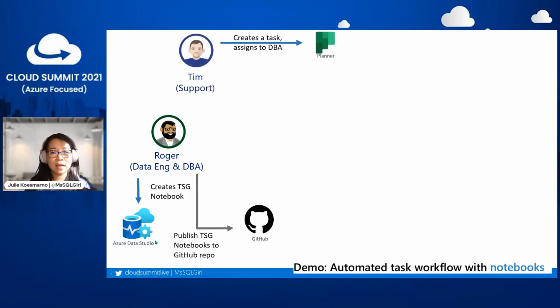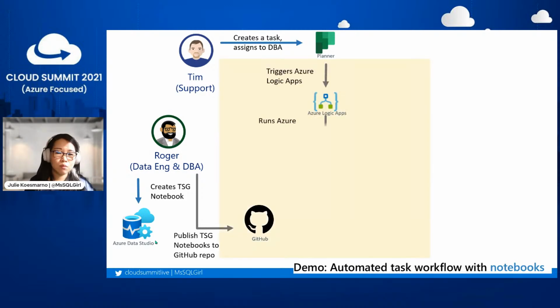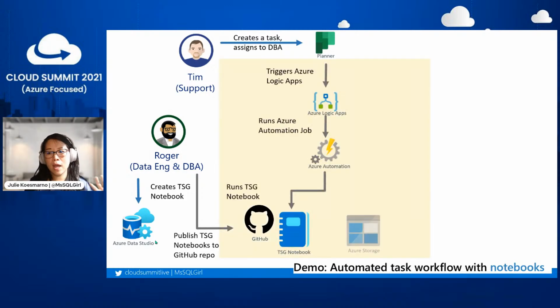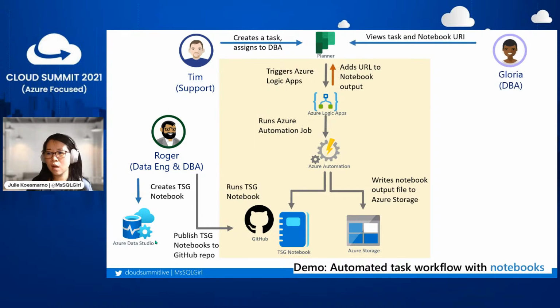Then if, for example, a support person, say Tim, creates a task and assigns it to a DBA, it will invoke all this beautiful workflow and run the appropriate notebooks. So when it gets assigned to somebody, say Gloria or myself, it's going to have all the details that are needed.